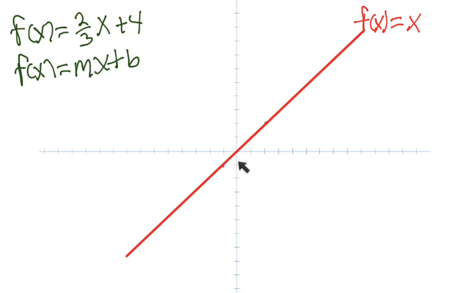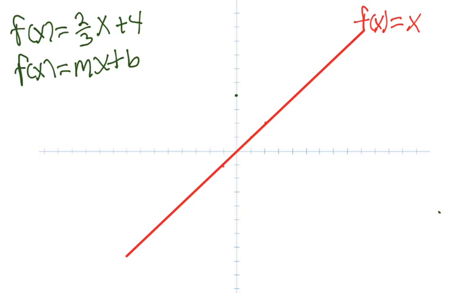Okay, so let's plot our y-intercept point, and let's use green here. Our y-intercept is 0, 4: 1, 2, 3, 4. So here's our y-intercept. And our slope is 2/3, so that means our rise is 2, our run is 3.